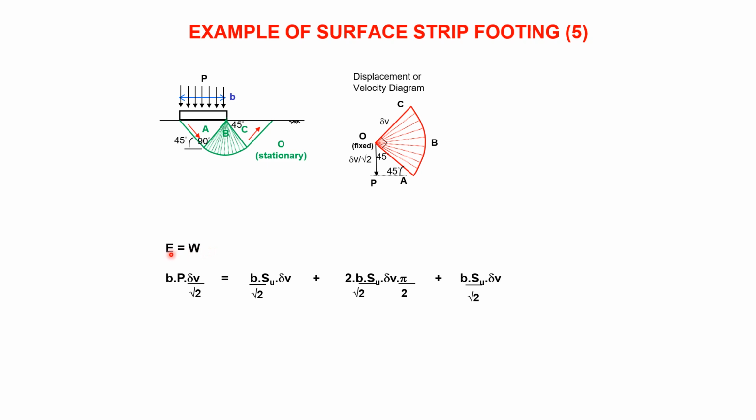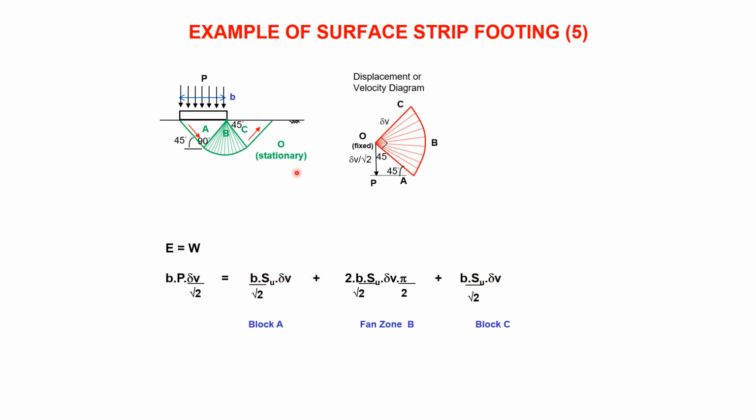So, equating the external work done with the internal work dissipated, the external work done is P multiplied by B, multiplied by 1 into the screen, that's the force, multiplied by the displacement. Now, that's delta V, and that's delta V. All of these are delta V in here. This is the vertical displacement of the foundation, delta V over root 2, which is there. Block A, we have the length is B over root 2, the strength, SU, and the displacement, delta V. Length, strength, displacement.